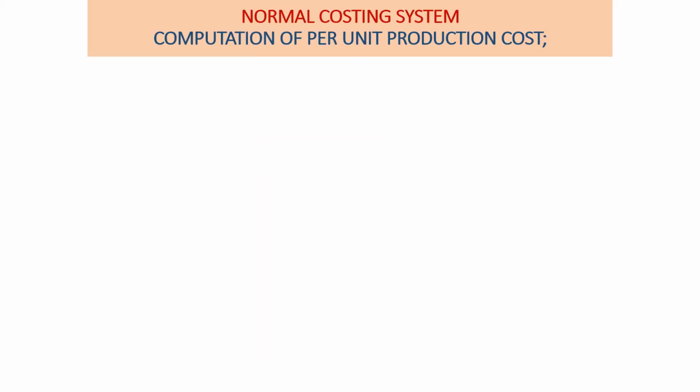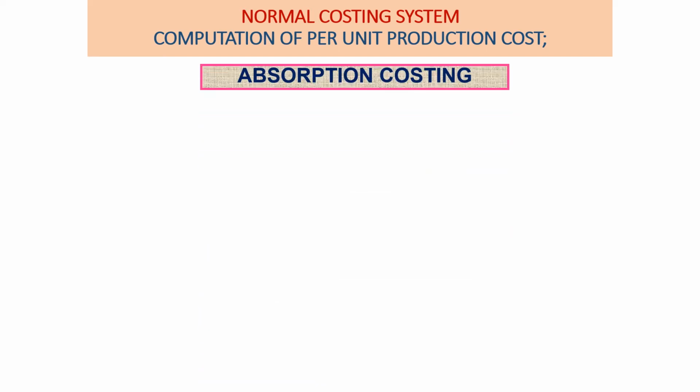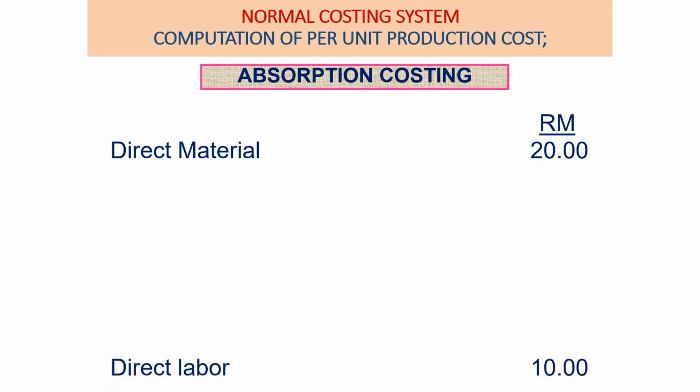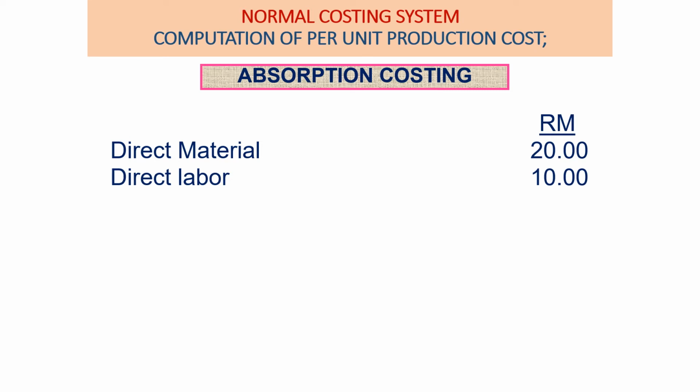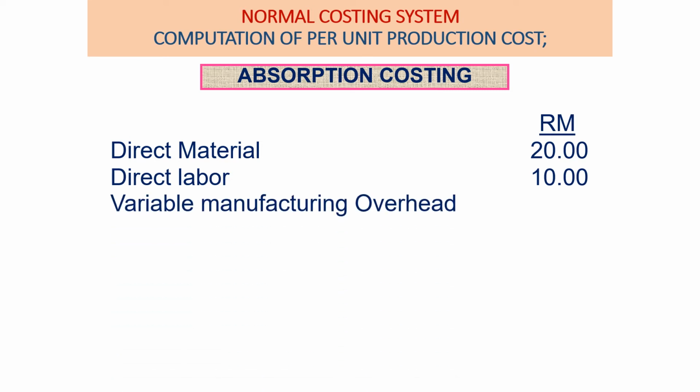By using the normal costing system, we have to compute the per unit product cost. Looking at absorption costing, direct material actual cost is 20 ringgit, direct labor actual cost is 10 ringgit. We look into the variable manufacturing overhead.